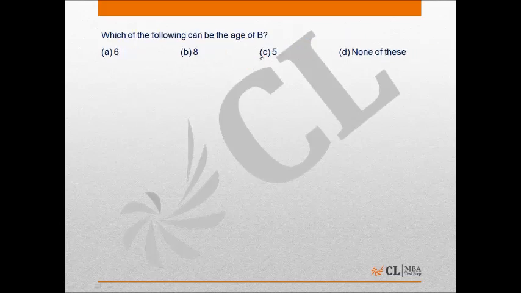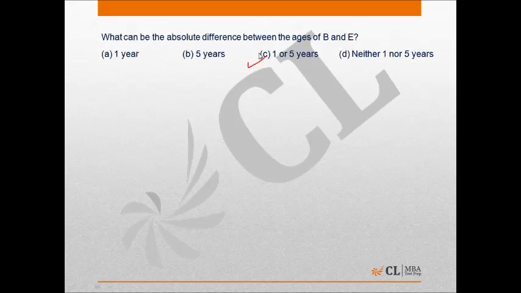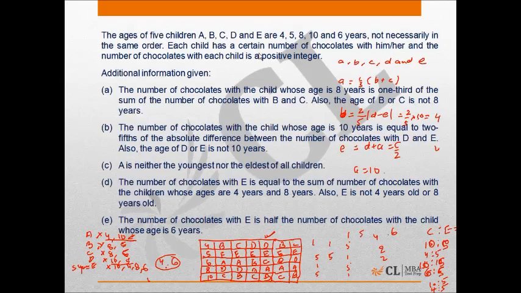Now let's move to the last question of this set. Which of the following can be the age of B? From the table it can be noted that age of B could be either 4 years or 6 years or 10 years.